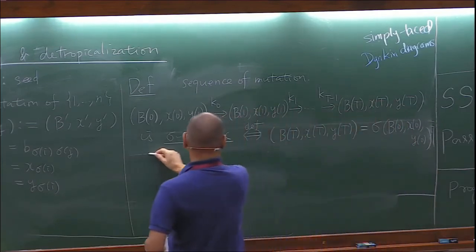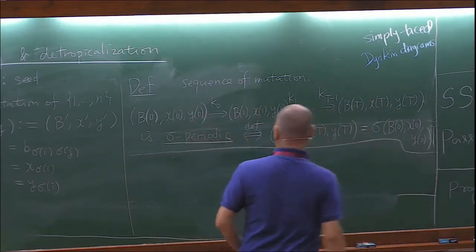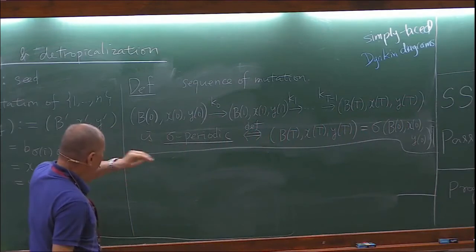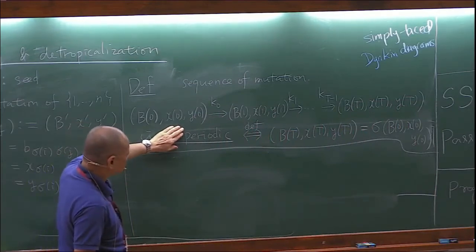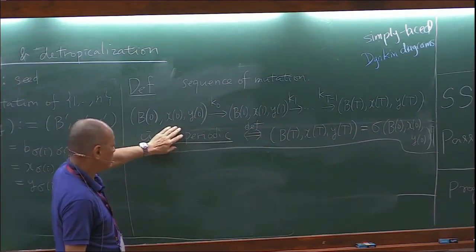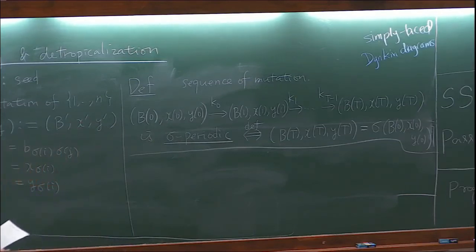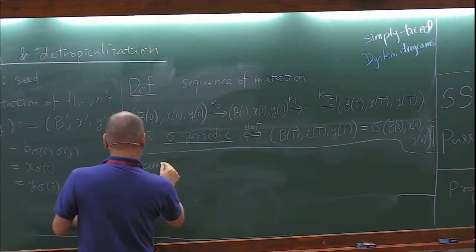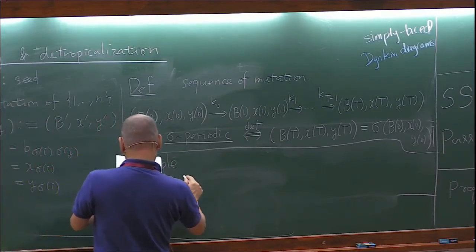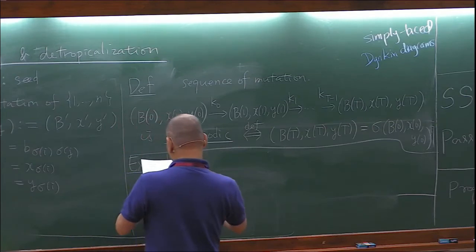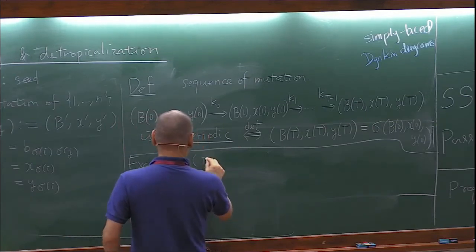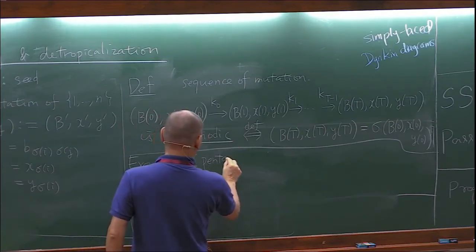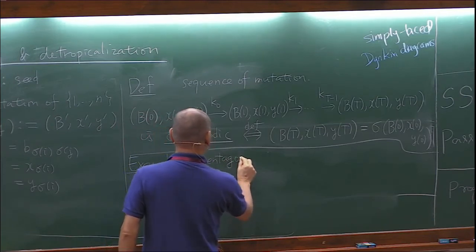Then we call this sigma-periodic. So it's a kind of partial periodicity, and if sigma is the identity, then it's really a complete periodicity. Now, such an example already appeared in the lecture by Jacob, the type A1 case, but someone may call this the pentagon relation.